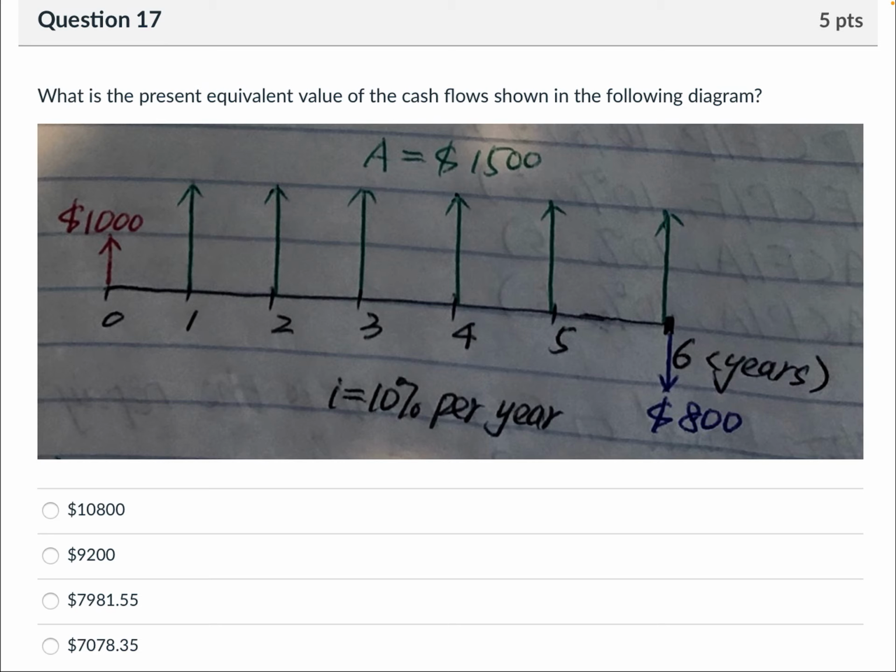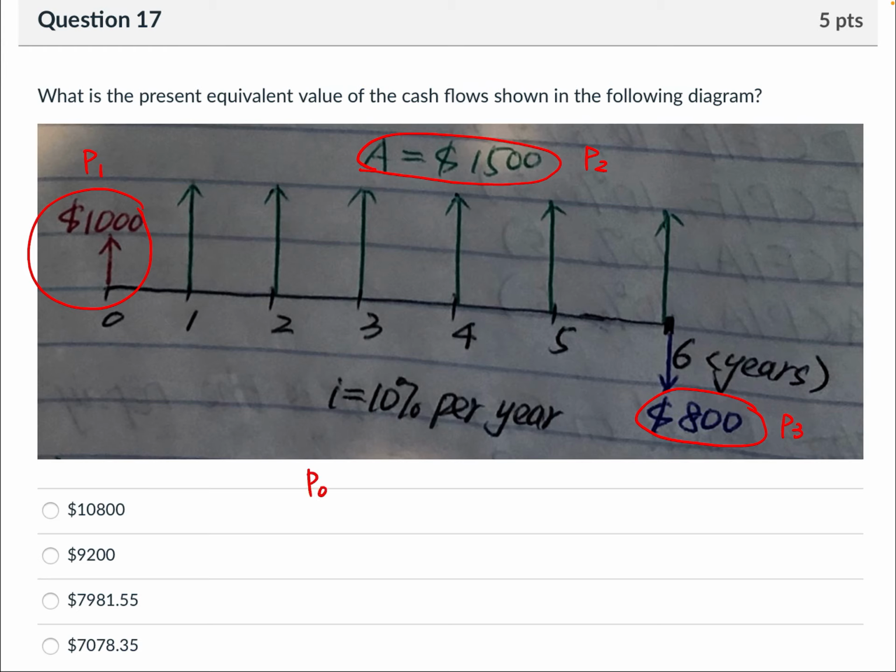So this is your part 1, and the annuities is your part 2, and this future value is the part 3. So you have 3 parts to convert back to the present value.